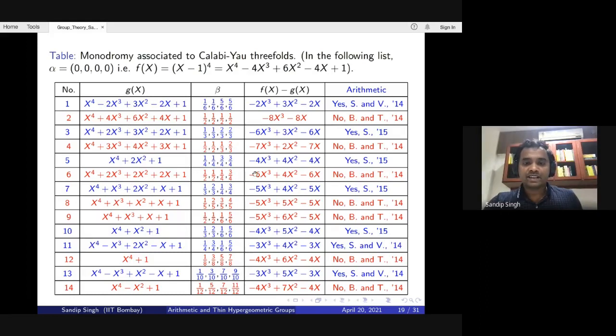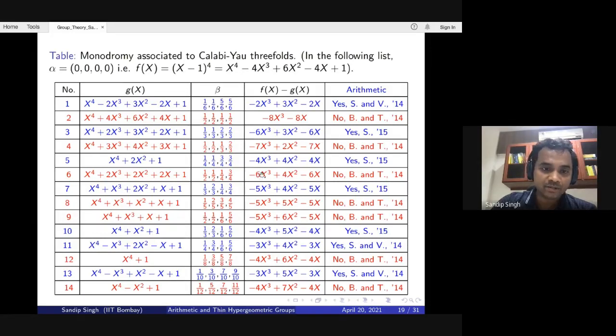And there are some other cases, no? Like here the leading coefficient is -6, but still the associated hypergeometric group is arithmetic. And 5 is even more difficult, we cannot apply the proof of that theorem in this case, because here the GCD is 4. So there is some connection. I will also discuss why we cannot use the proof in proving the arithmeticity of this case.